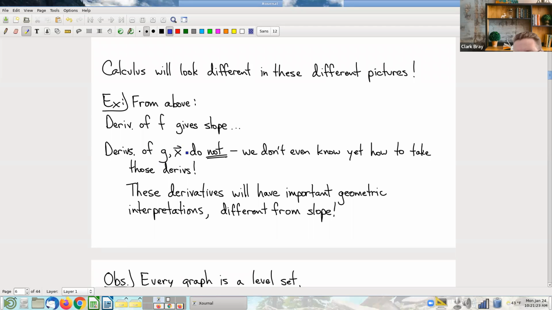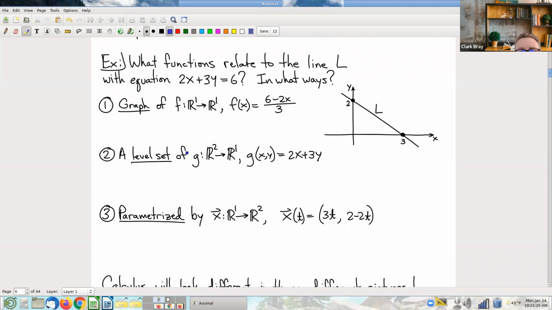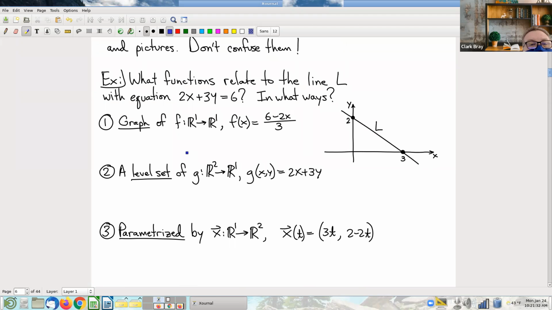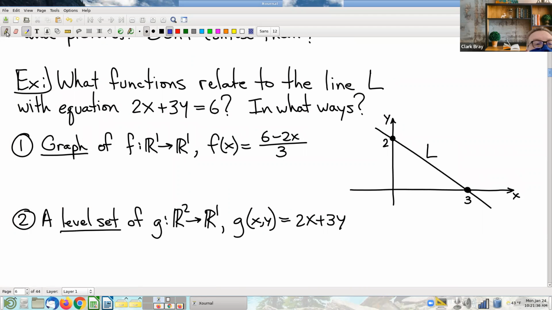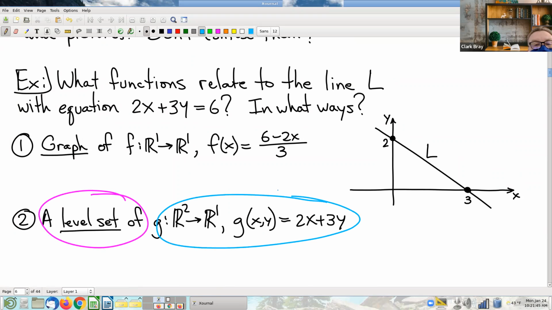So up above, when you showed the level set equation, I know we talked about setting the equation equal to a constant. So would we set the g of x, y? Yeah, that's right. This phrase, a level set of, means that whatever function follows, here it is, I'm going to take that and set it equal to some constant.